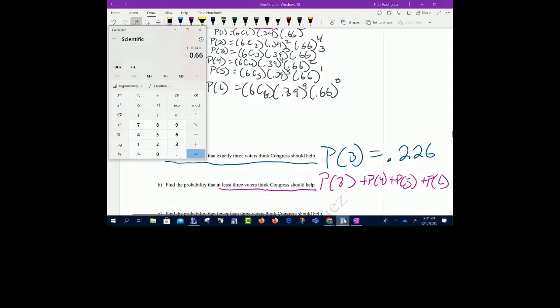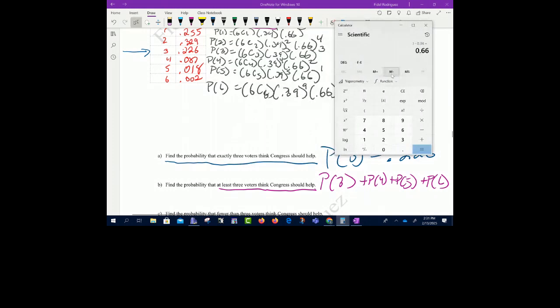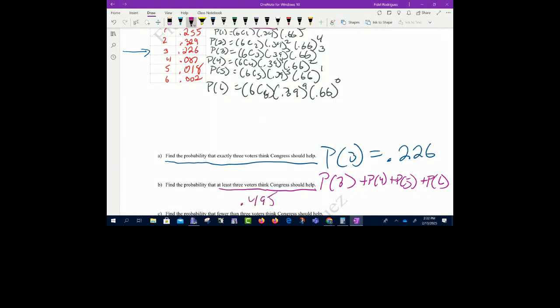So look, y'all, let's take those numbers and add them up. 3 was 0.226 plus 0.087 plus 0.018 plus 0.002. And y'all, I'm coming up with 0.495. Boom.